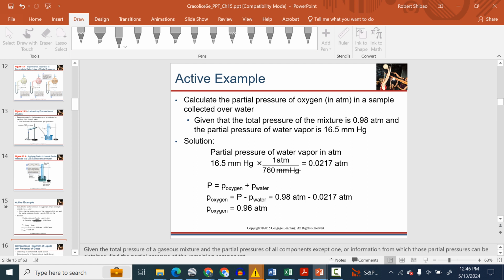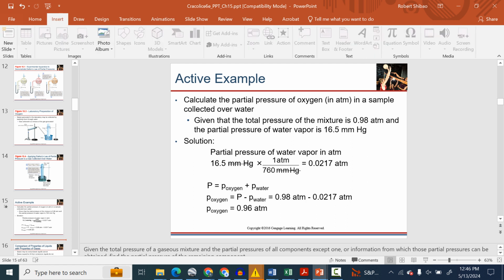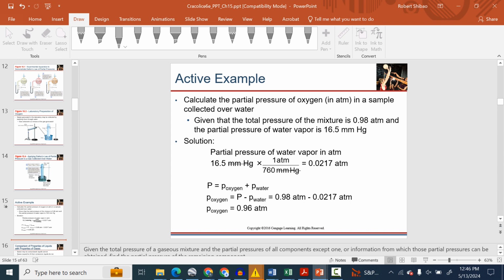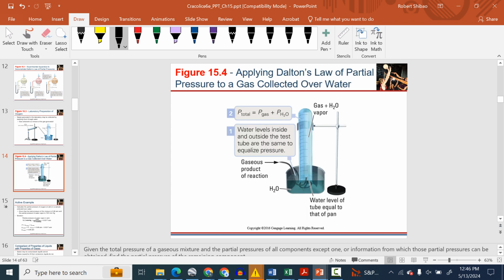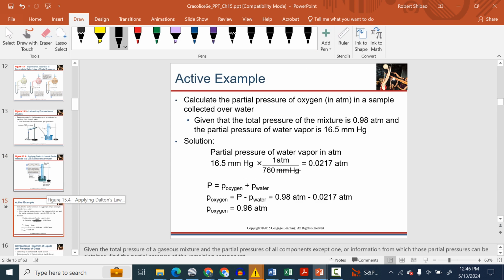We have some names that we put for this. The mixture is called wet oxygen.